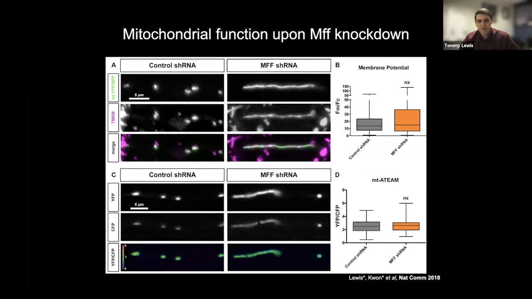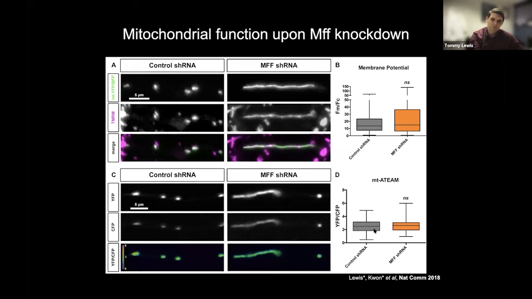We target that to the matrix of the mitochondria, and then we can calculate FRET, or the YFP to CFP ratio, and we can look at relative concentrations of ATP in the matrix. And we see that the relative FRET is similar in these mitochondria, suggesting that they have similar levels of ATP in them.